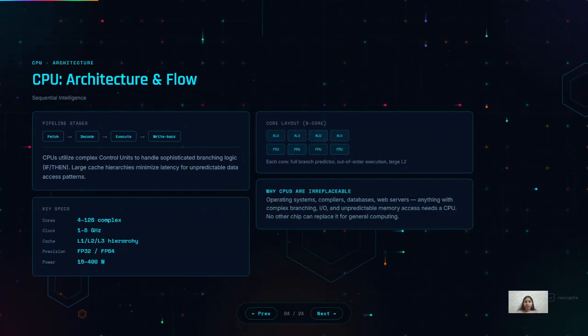They contain branch predictors, a large cache hierarchy, out of order execution engines, and highly advanced control logic. Compared to GPUs, CPUs have far fewer cores, but each core is significantly more powerful and flexible.